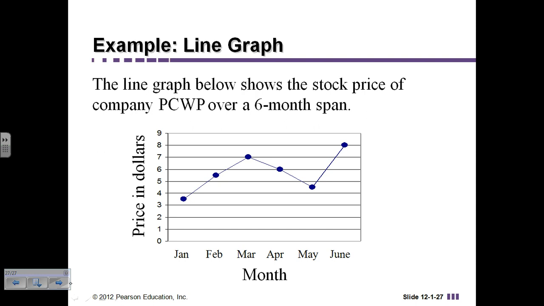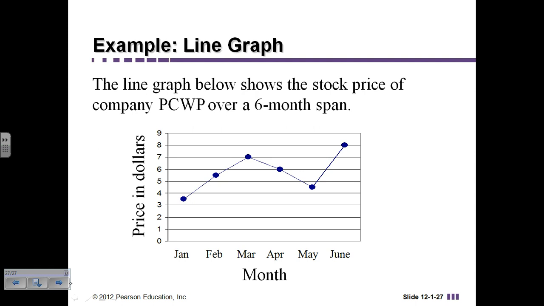So here we have, for example, the price of a stock. So we have January, February, March, April, May across the bottom. And then we have the price of the dollars, which is about 350 in January. It was about 550 in February. It was about $7 in March. It was about $6 in April. In May, it was about 450, and in June, it peaked up to $8.